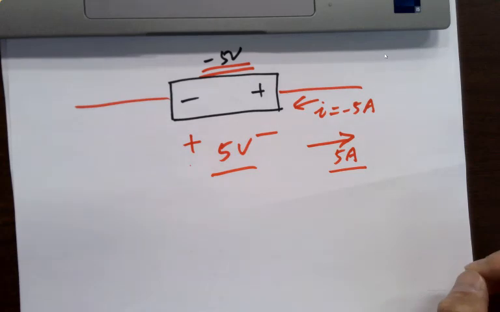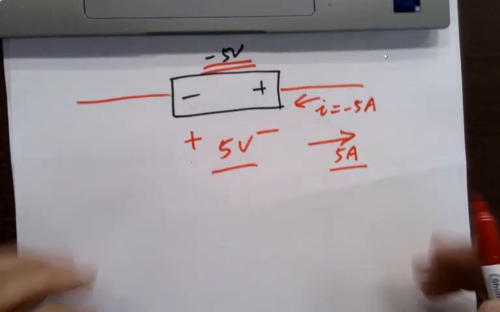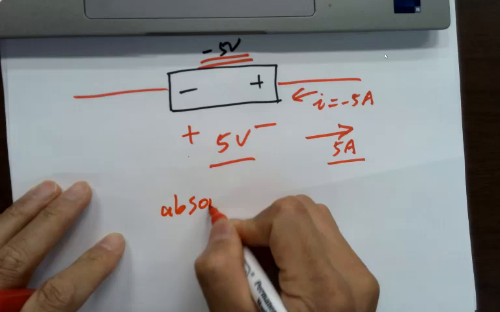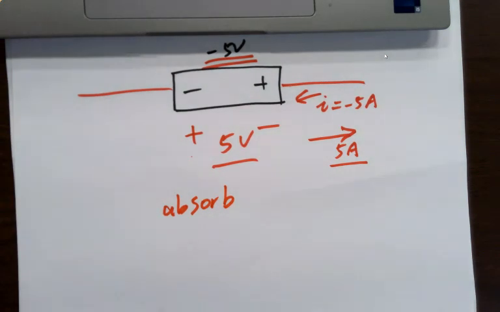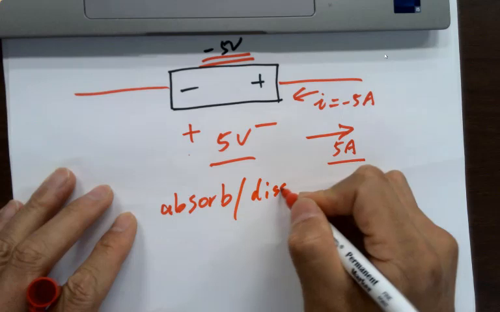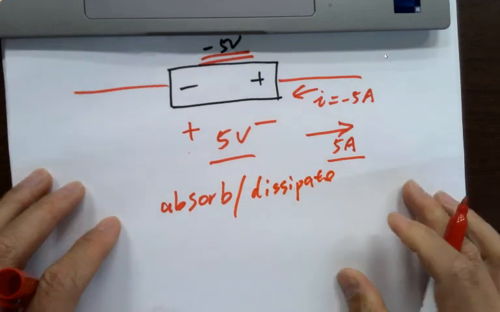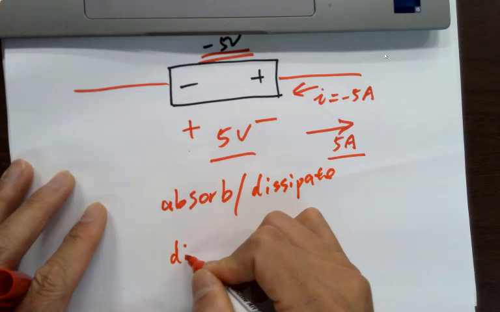Okay, is this component absorbing energy? You can see these words, these terms. I actually usually don't use them. I've never used a lot of things in the homework problem. Anyway, you should know how to do it. Absorbing, dissipating, I think it's the same thing. Or delivering.